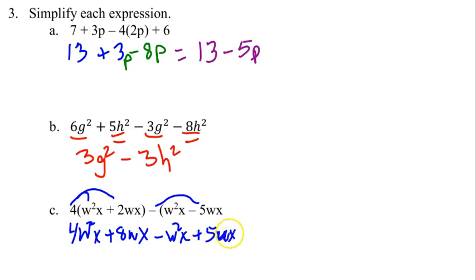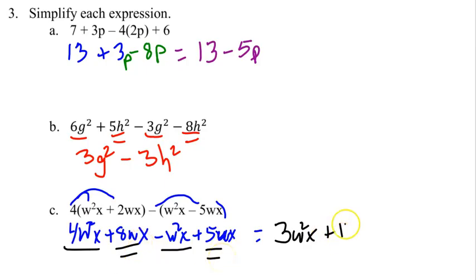So don't forget to distribute that negative 1 to both terms. Now I can simplify. I have 4w squared x minus 1w squared x, which is 3w squared x. And then I have 8wx plus 5wx equals a positive 13wx.